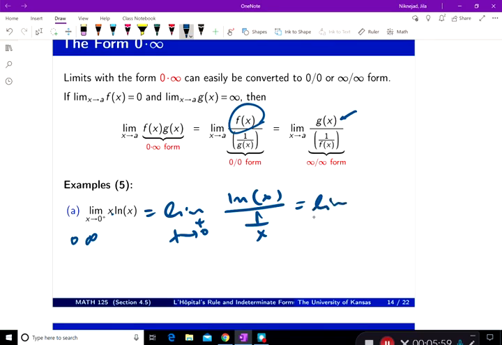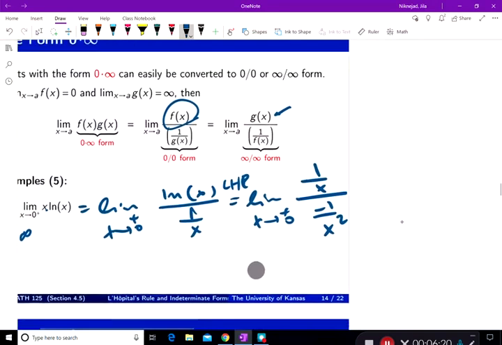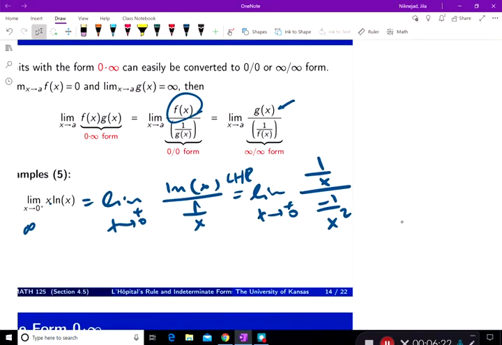Now, let's do the L'Hopital rule for this and see what happens. The top becomes 1 over x, the bottom becomes negative 1 over x squared. Now let's simplify this, because if I continue doing L'Hopital, you will notice that you're not going to get anywhere. That's one of the cases where L'Hopital is not going to work. You have to simplify before doing anything else.